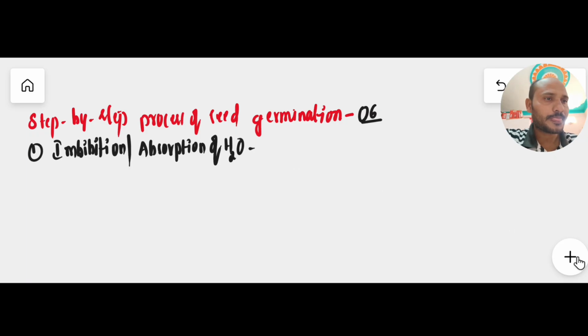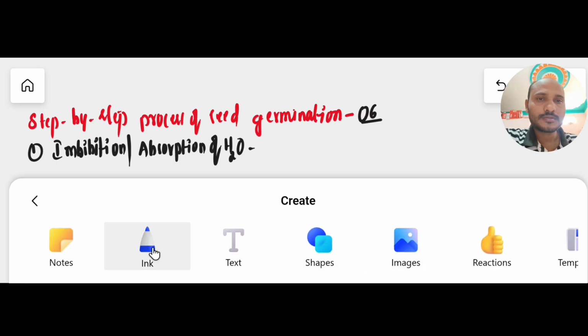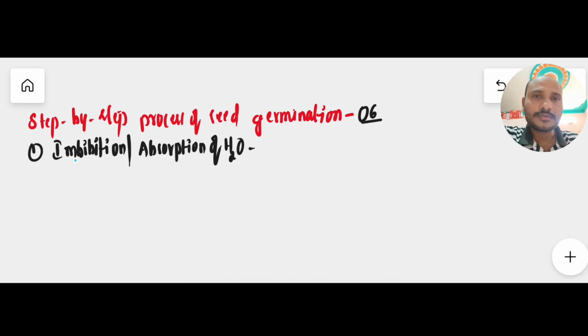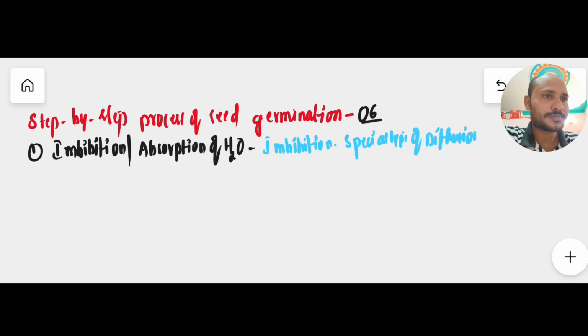Here in imbibition, first we need to know what exactly imbibition means. Imbibition is a special type of diffusion process, in which water is absorbed by a solid.